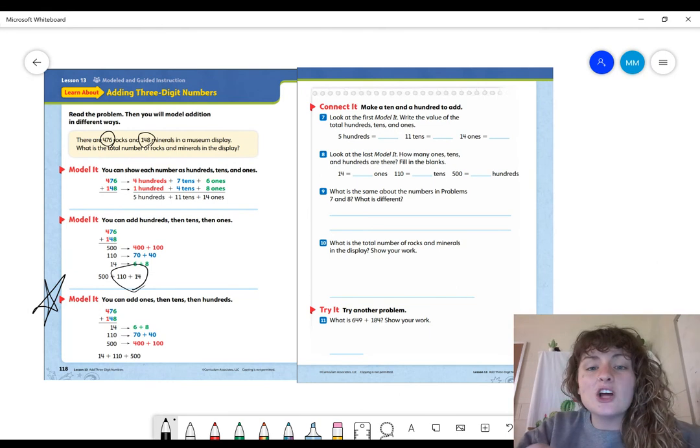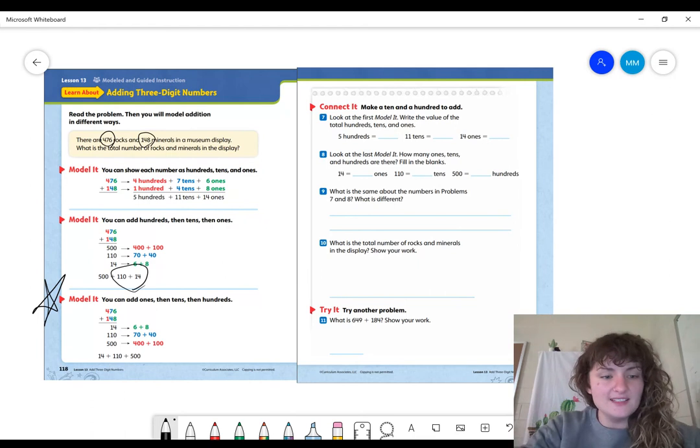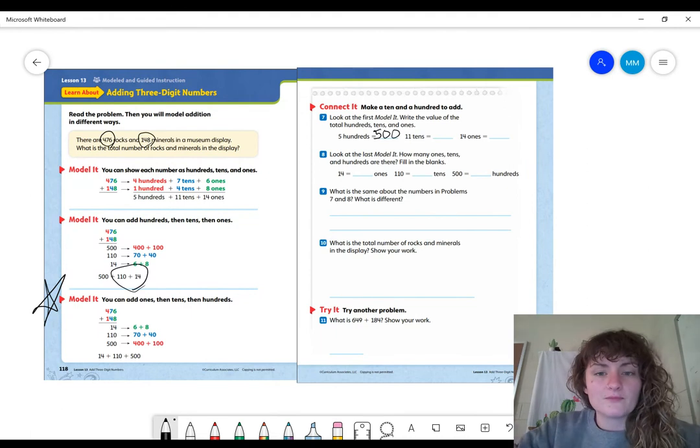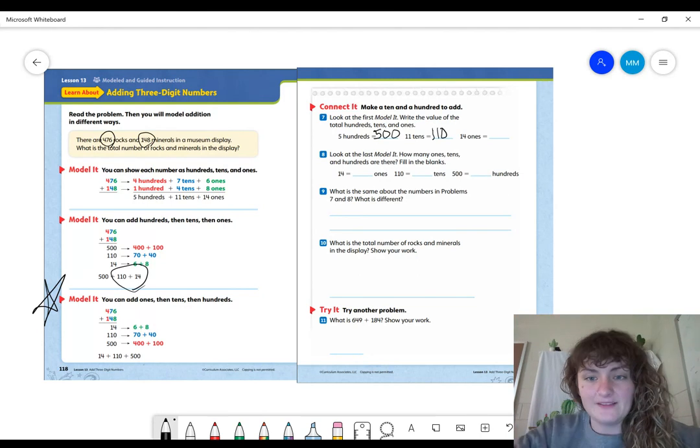So in 500s, we have 500, right? It says look at the first model. Write the value of the total hundreds, tens, and ones. So 5 hundreds is the total of 500. 11 tens has a value of 100 and 10, which is 110. And 14 ones has a value of 10 and 4 ones.